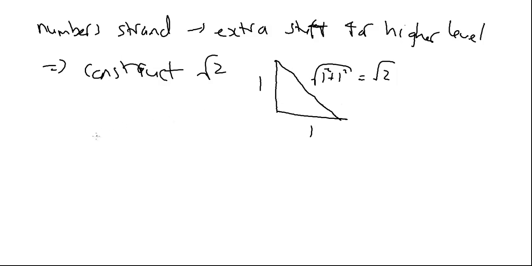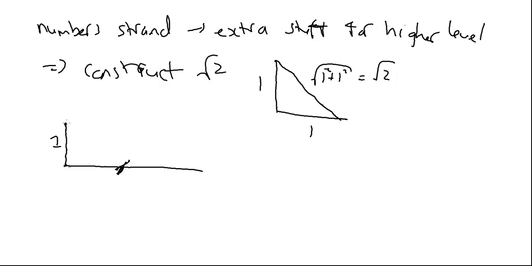If you want to do the square root of 3, again start with 1, and then draw a right angle, like a perpendicular line, and then put a compass on this end and set it at 2 units.